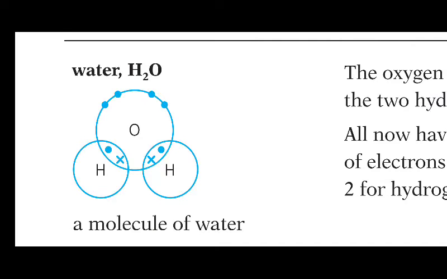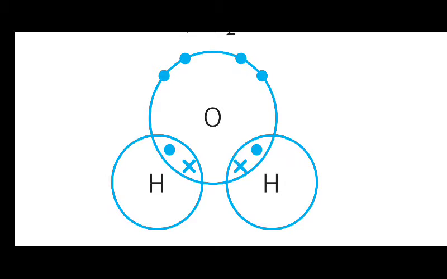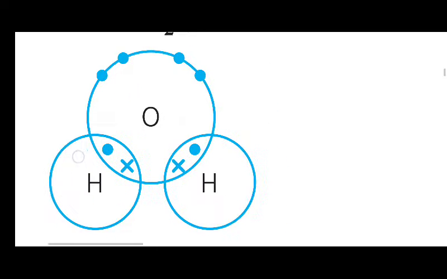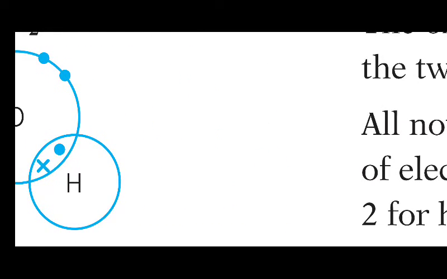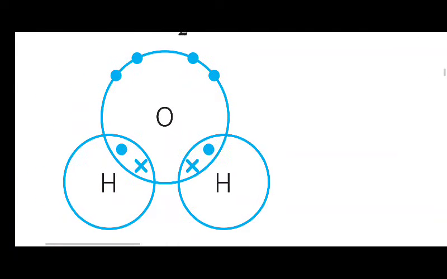On the other side as well, you have an X, the electron for hydrogen, sharing with one of the electrons of the oxygen. If you count, the hydrogen on the left has 2 electrons in its outermost shell, the one on the right also has 2, and the oxygen has 8 electrons in the outermost shell.